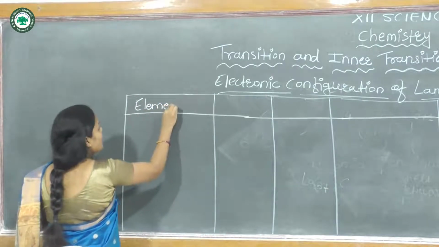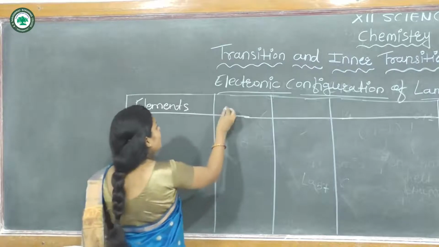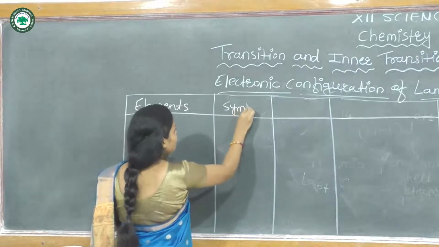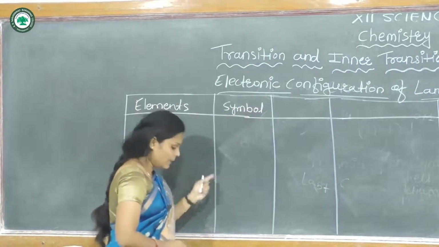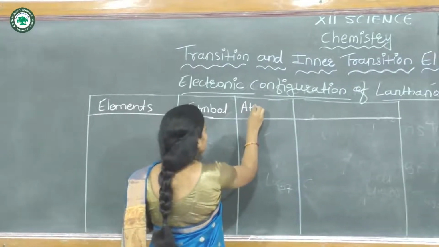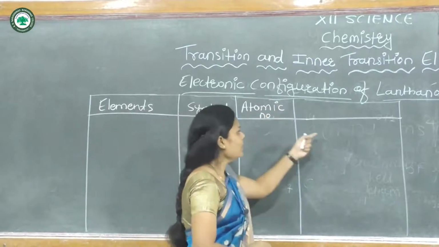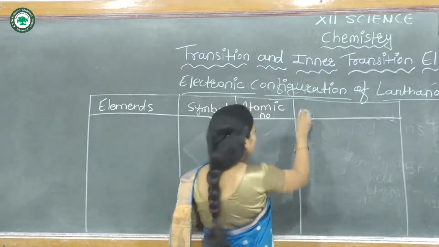Name of the elements of the lanthanoid series, symbol of the elements, atomic number, and electronic configuration.